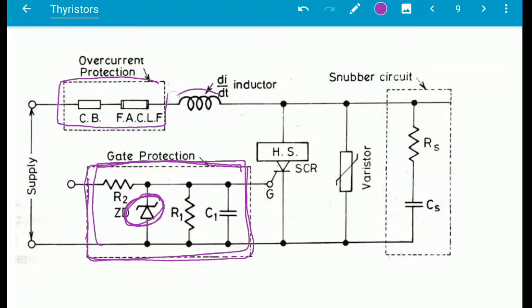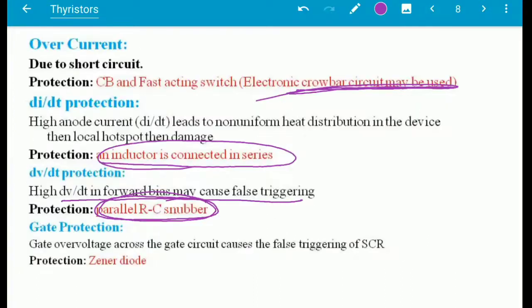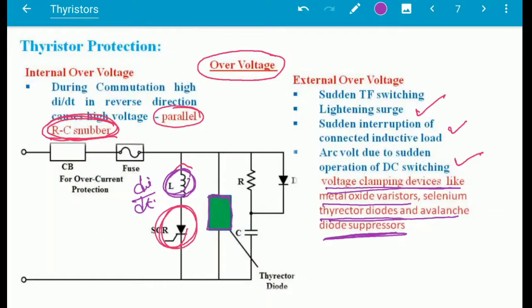This is for di/dt protection, and this is the main device, and here is the varistor or voltage clamper. As I have told, voltage clamping devices or metal oxide varistor or selenium thyrector diodes.